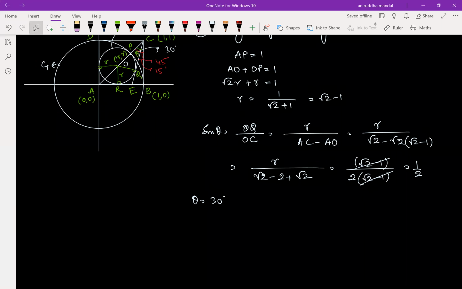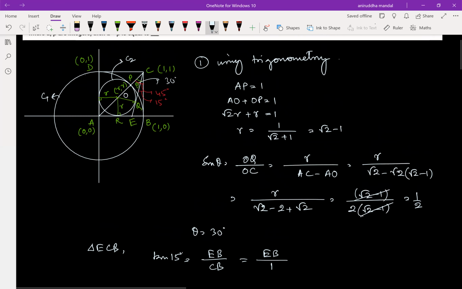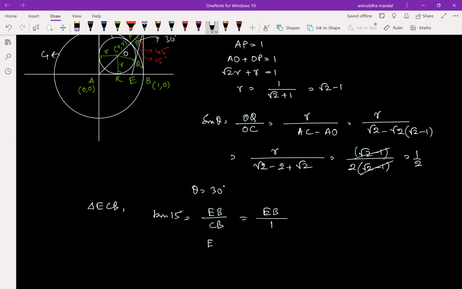From the triangle ECB, tan 15 equals EB divided by CB. Now CB is 1 because this is a unit square. So EB is nothing but tan 15.